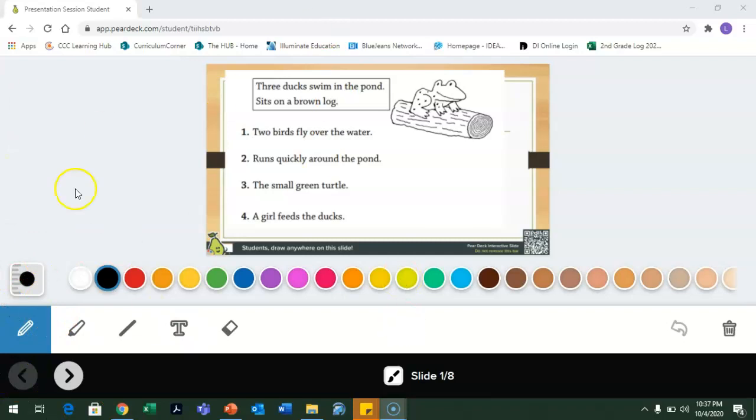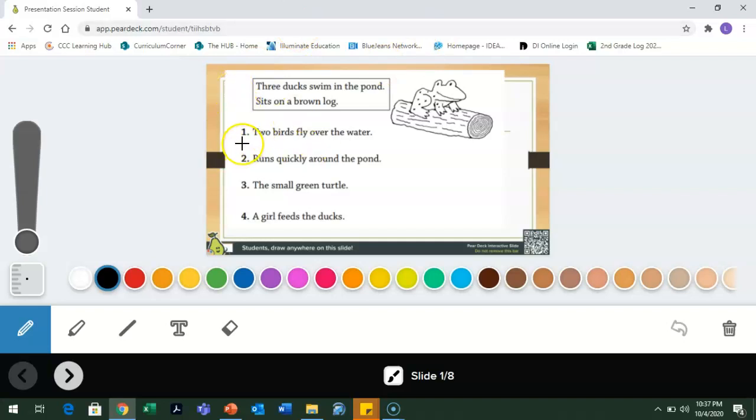The first thing I do once I open Peer Deck is touch the pencil, go to sizer, and make it small, and we're ready. So we have 4 different sentences in here, and we're gonna underline the subject and underline the predicate, but subject with 1 line, predicate with 2 lines.